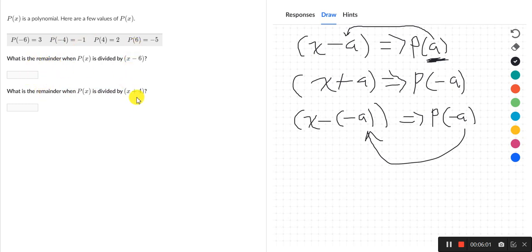And p of positive 6 is going to be negative 5. That would be the answer.